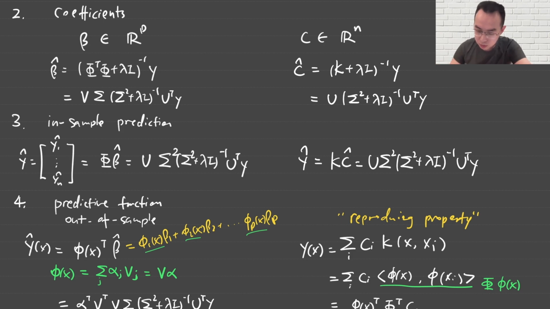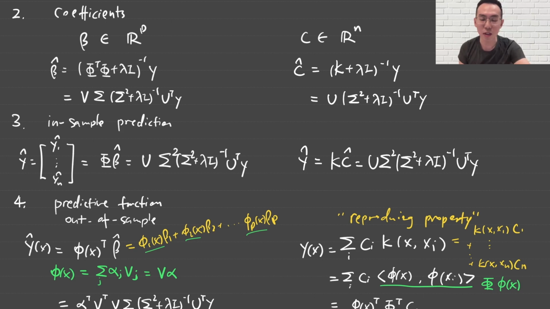And if you look at the kernel trick here, our building block becomes this k function, right? So the k function is going to be k of x, x1 times c1, all the way to the sum of k of x, xn times cn, right? So now we have n building blocks using this k matrix versus the p building blocks of the phi.